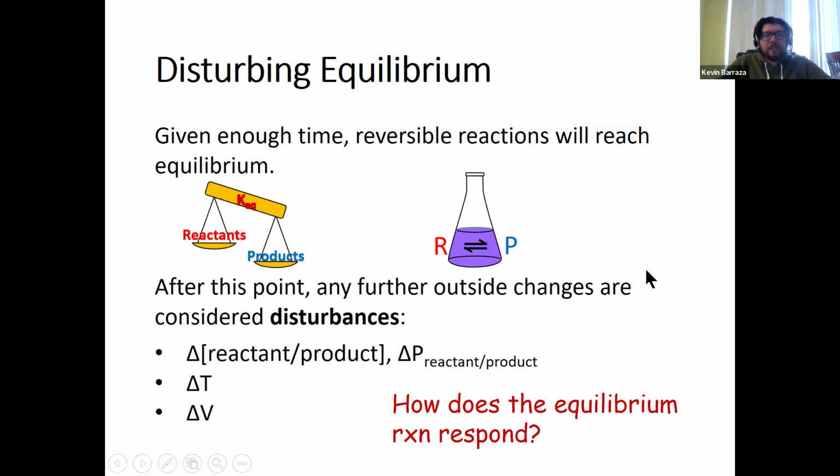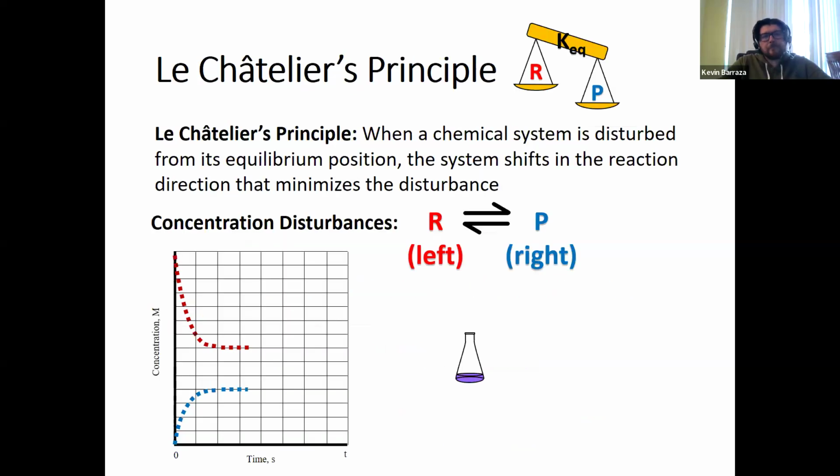So the question we want to ask for the remainder of this lecture is, how does an equilibrium reaction respond to disturbances? And so the first one we'll talk about is concentration disturbances. But disturbances in general is the focus of the remainder of this lecture.